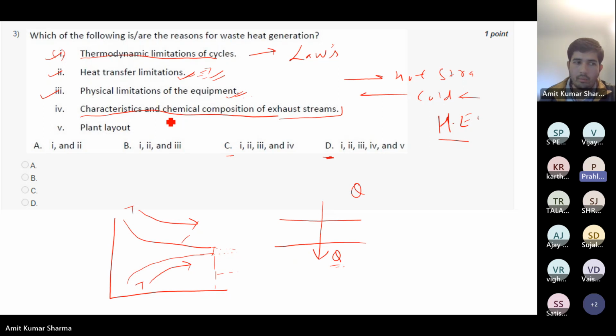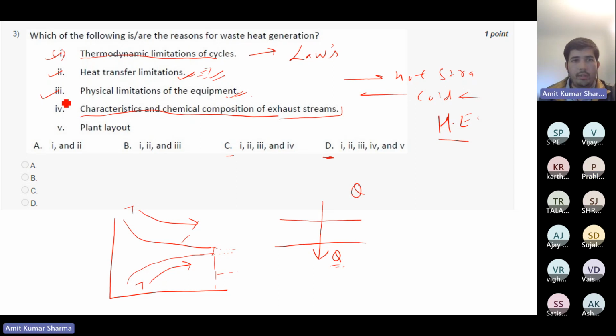So that might be one point for heat transfer limitation. Apart from the irreversible thing and the physical limitation, we know how much heat we are going to give out at the exhaust, so accordingly we design our heat exchanger to extract that heat. Yeah, that is also correct.